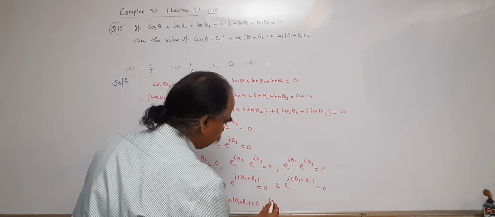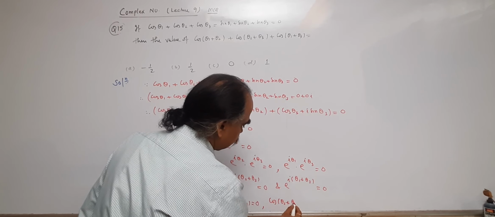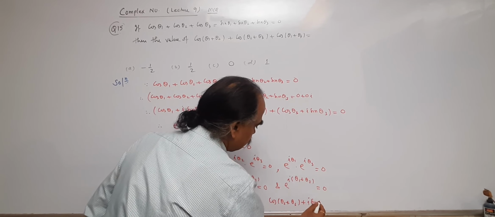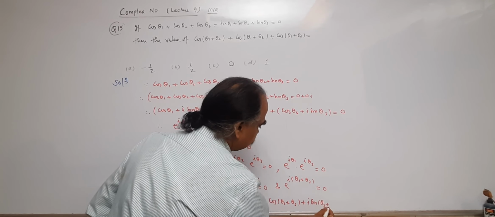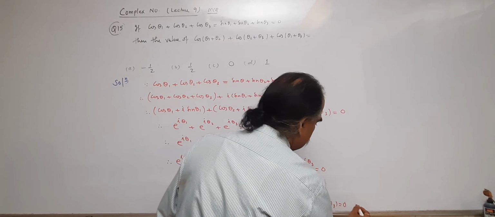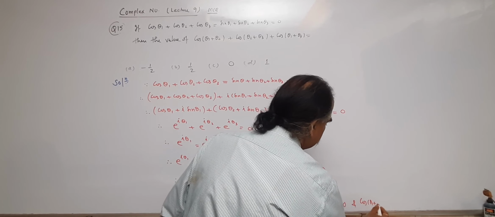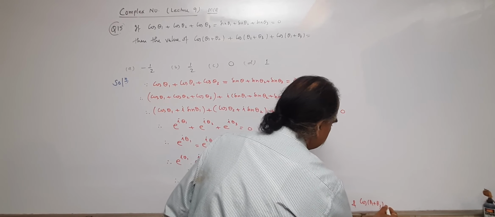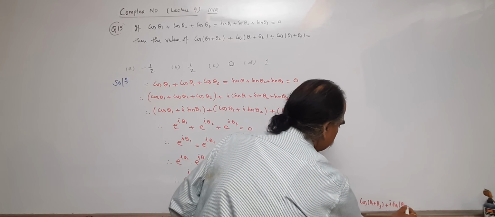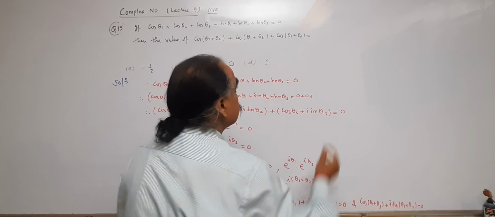Same way, cos of theta 2 plus theta 3 plus i sin of theta 2 plus theta 3 is 0, and cos of theta 1 plus theta 3 plus i sin of theta 1 plus theta 3 is 0.